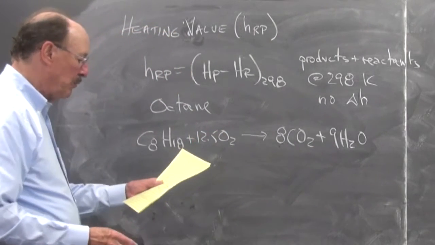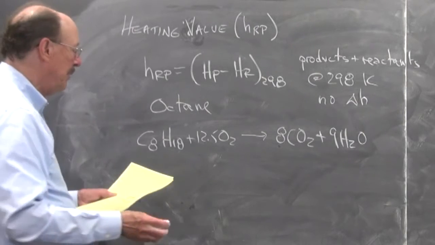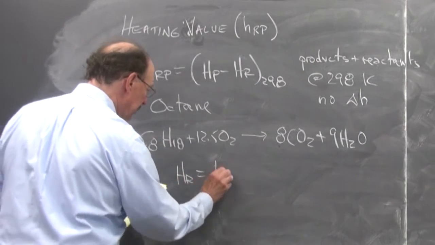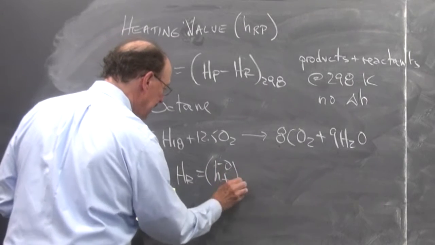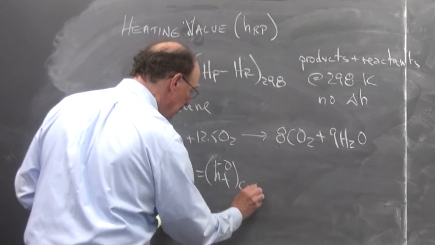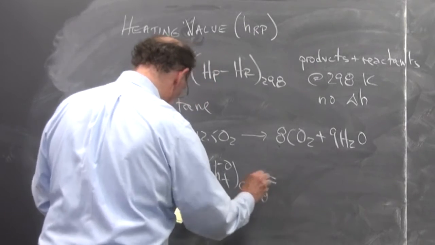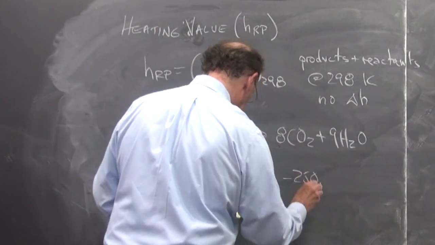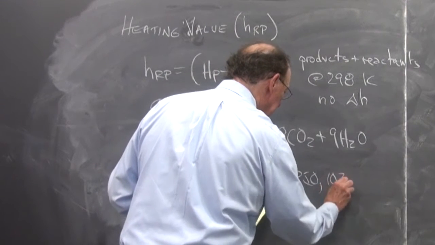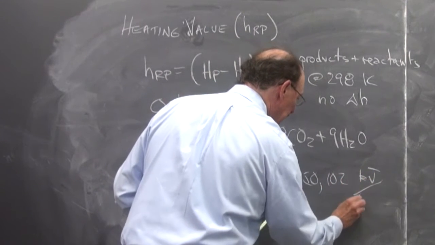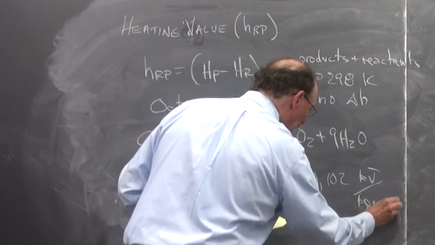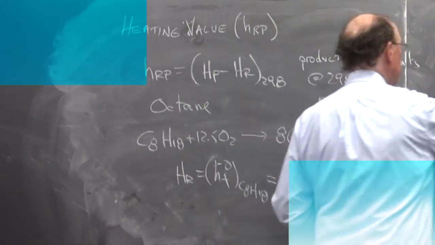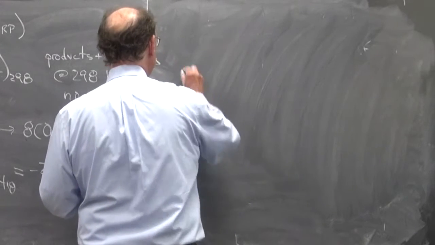Now what I want to do is find the enthalpy H sub R. H sub R is equal to H sub F bar 0 of the octane, and that's equal to minus 250,102 kilojoules per kilogram mole. For H sub P, we have two terms.